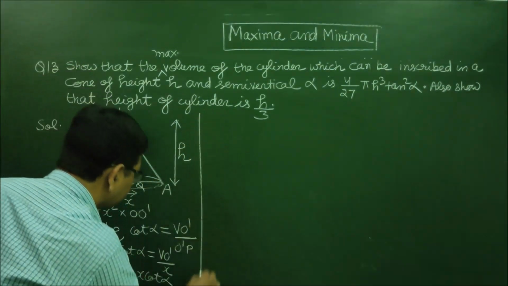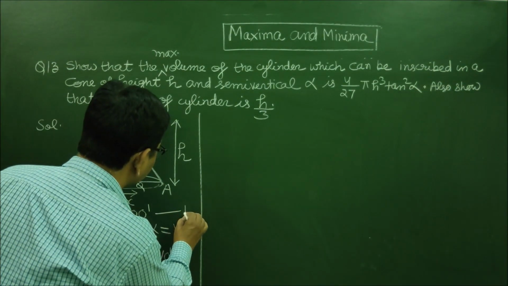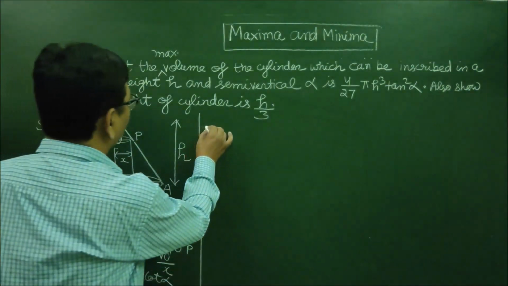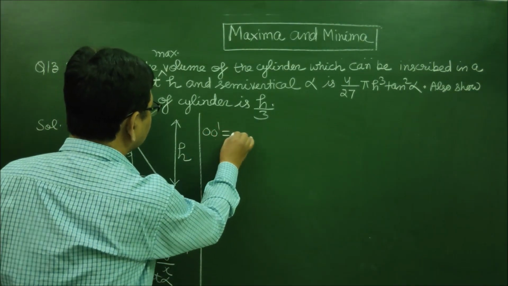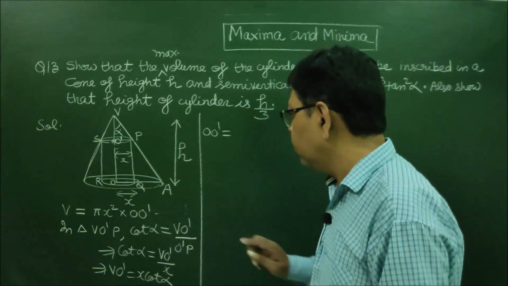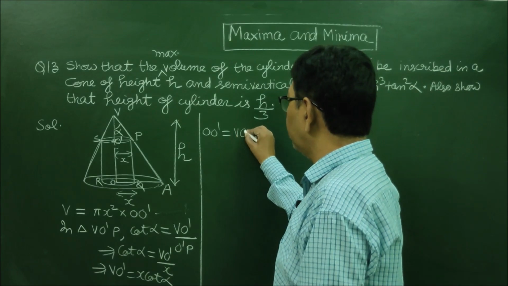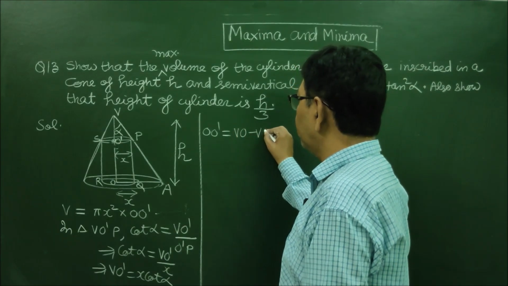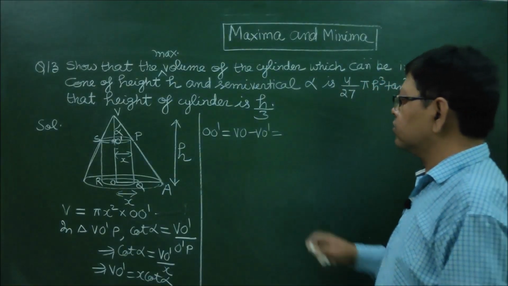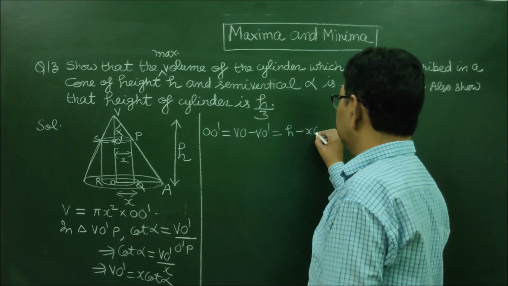Now we can find the height OO dash. The value of OO dash is equal to VO minus VO dash, which is equal to h minus x cot alpha.